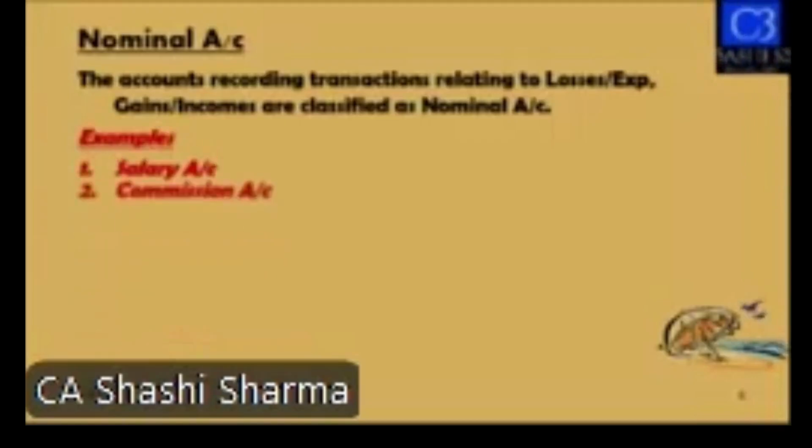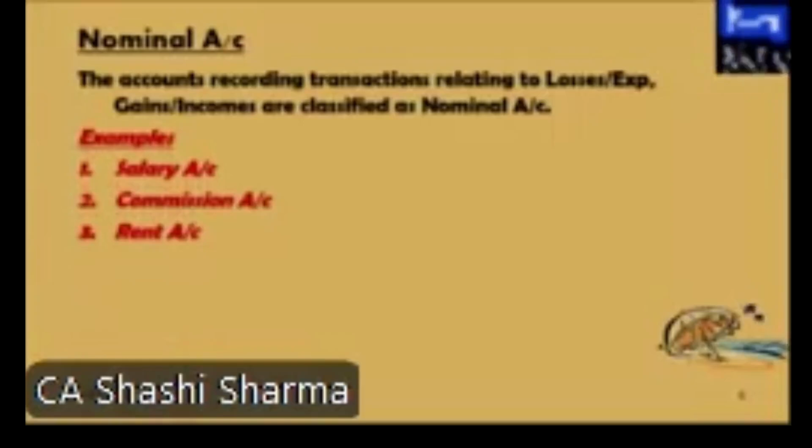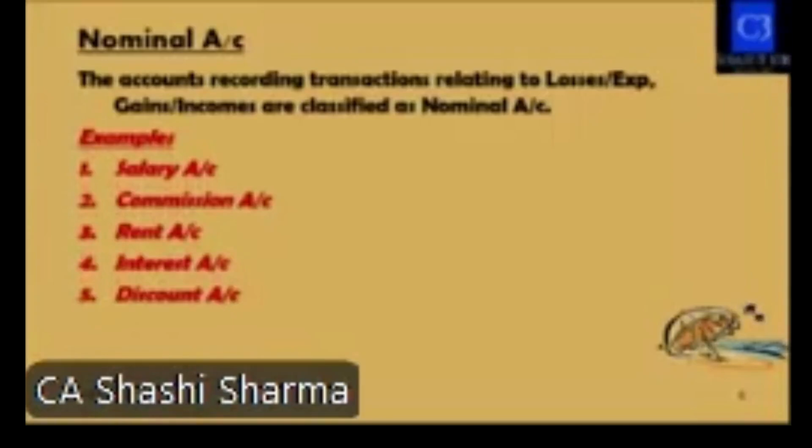Salary account, commission account, rent account, interest account, discount account, then bad debt account. All these names are not the name of any person, whether natural or artificial. No one keeps his name as Rent Gupta or Rent Sharma.